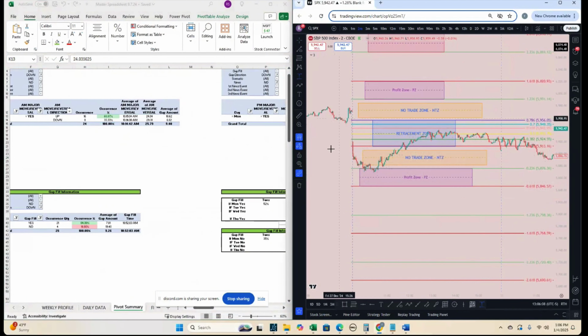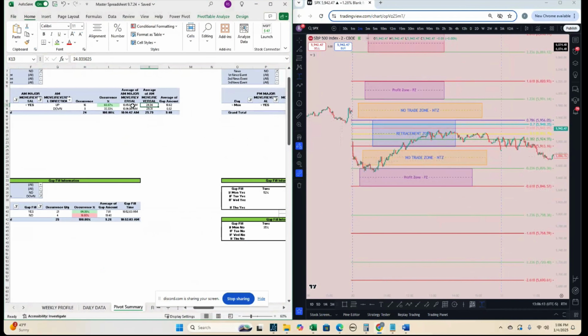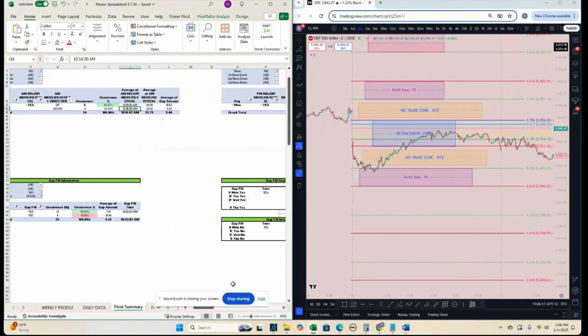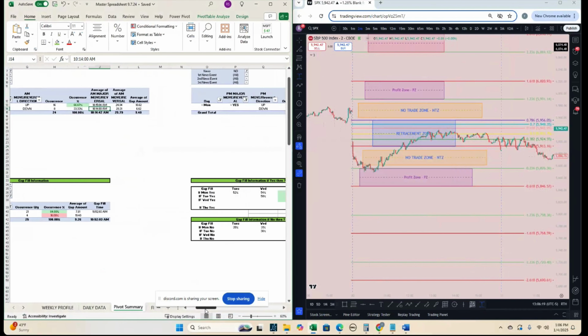Now, what you'll notice a lot is that when you're looking at these, we make a lot of reversals around the 10 o'clock to 11 o'clock time on average. Why is that? Because when we get that 10 o'clock flip, typically 9:45 to 10:15, we start making our move from that 6 a.m. to 10 a.m. futures candle to now the 10 a.m. to 2 p.m. futures candle.